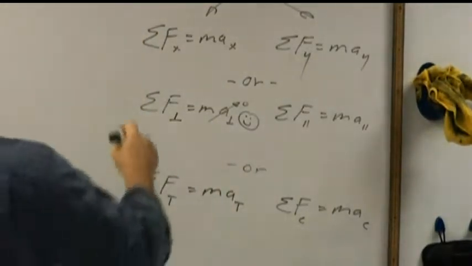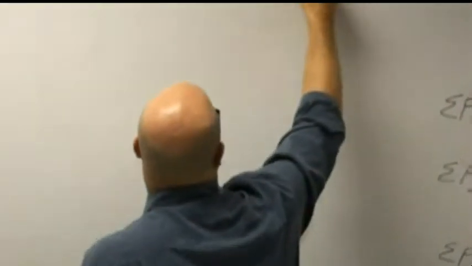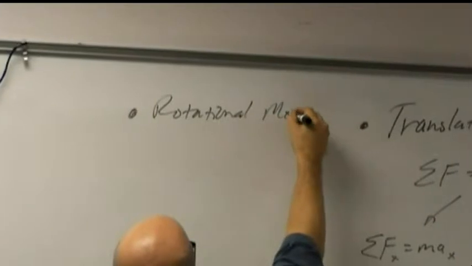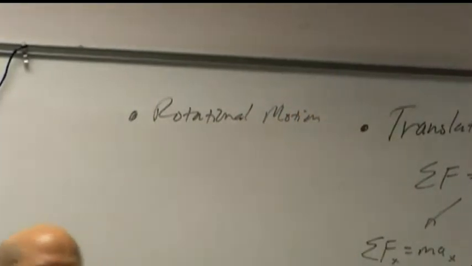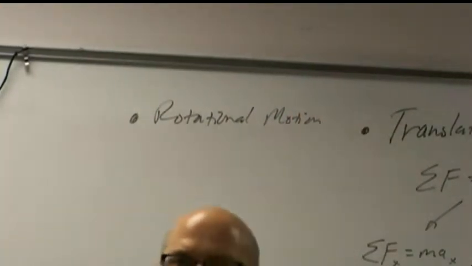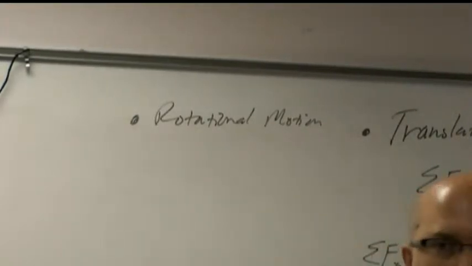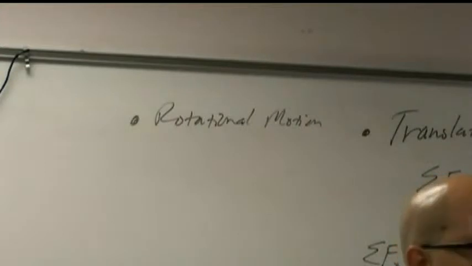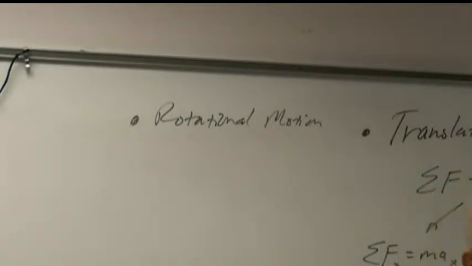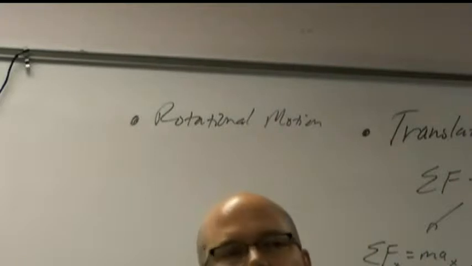Okay, now we have rotational motion. And in rotational motion, we have our rotational kinematics, which is theta equals theta naught, and all those theta, omega, alpha, all those graphs, all those integrals, all those differentiation relationships between angular displacement, angular velocity, angular acceleration, and time, right?